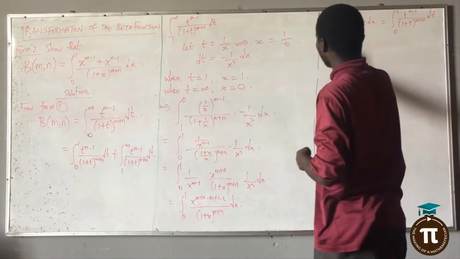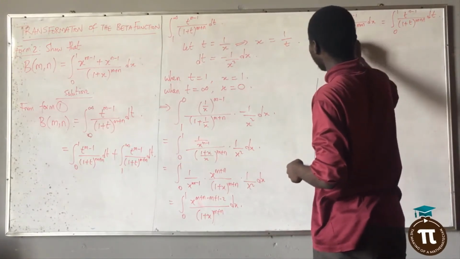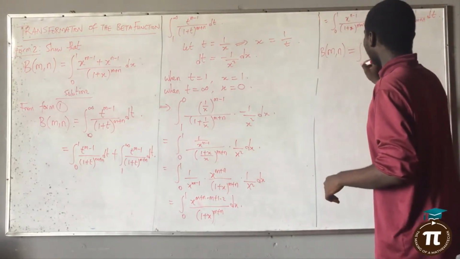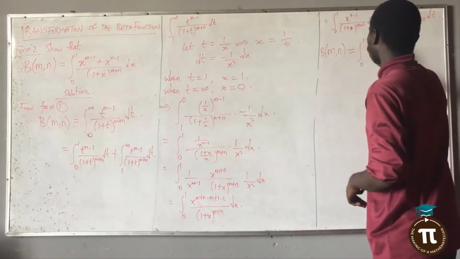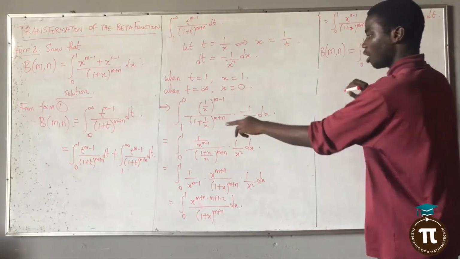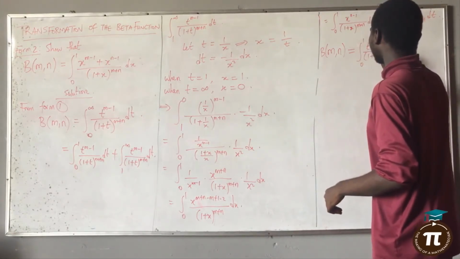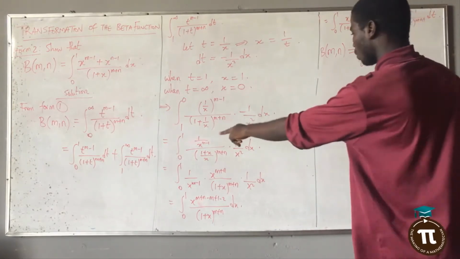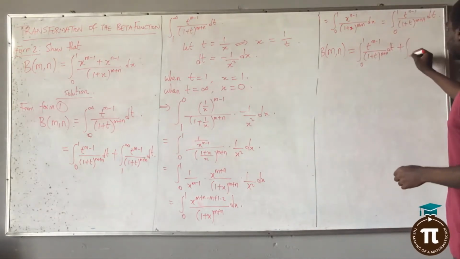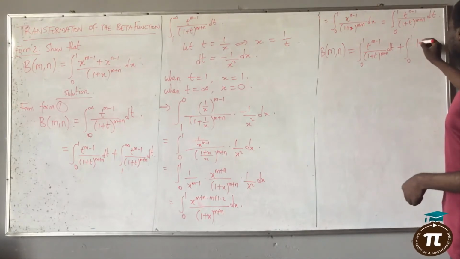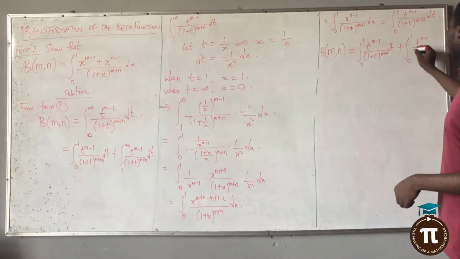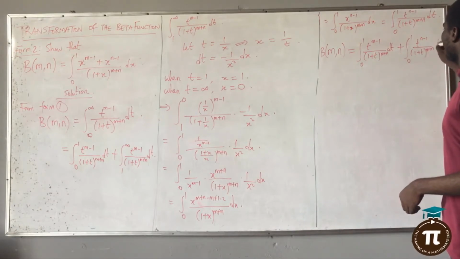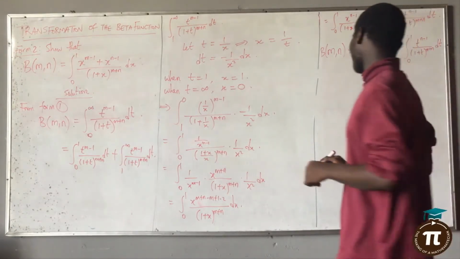Beta of m comma n will thus be equal to the integral from 0 to 1 of t raised to the power of m minus 1 all over 1 plus t raised to the power of m plus n dt, plus the other one, which is the integral from 0 to 1 of t raised to the power of n minus 1 all over 1 plus t raised to the power of m plus n dt, right?